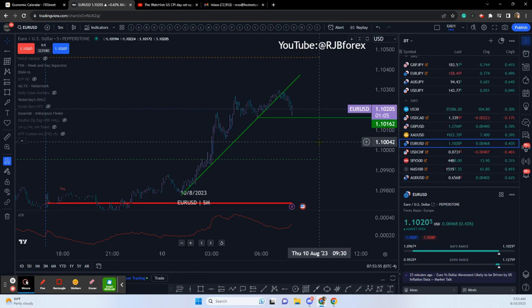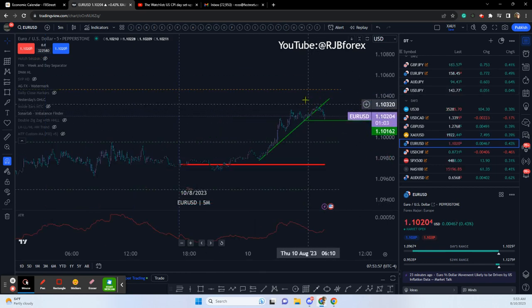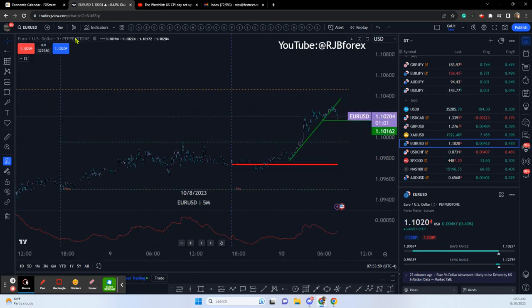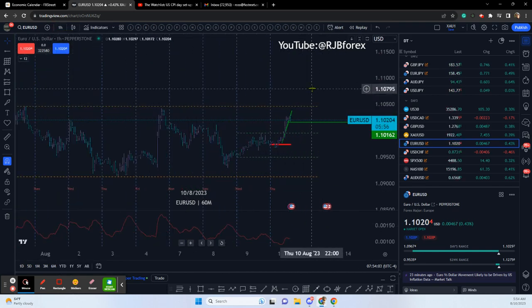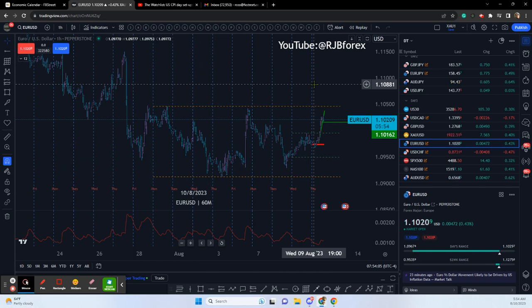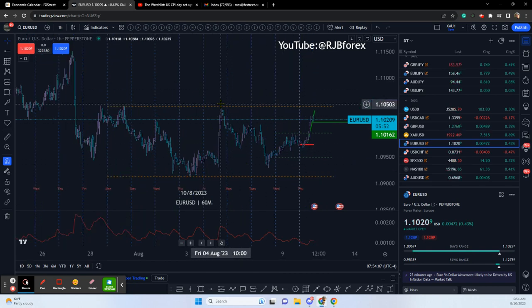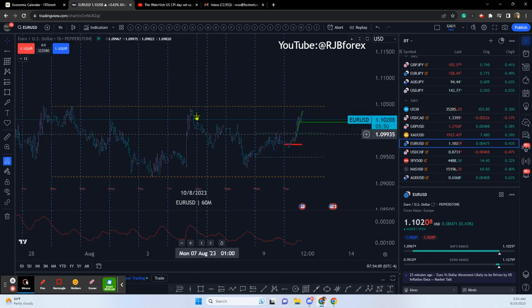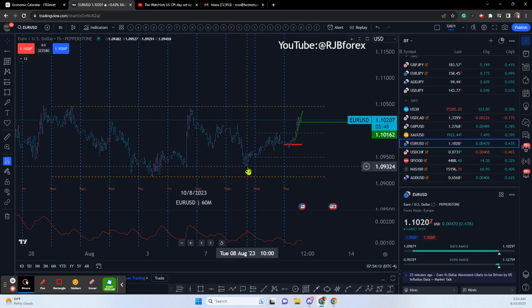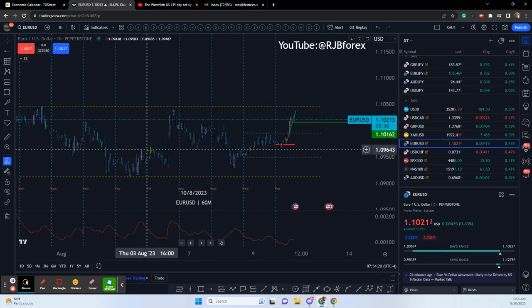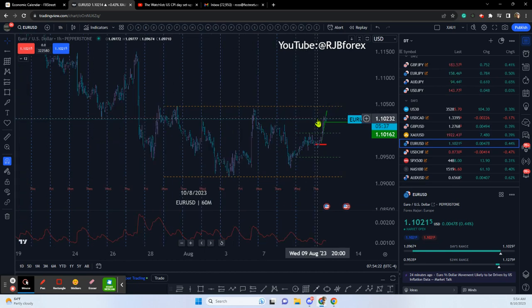Now, how much lower, we don't know. I'd just be concerned about where we are in the week's structure. So we have high up in the week structure.